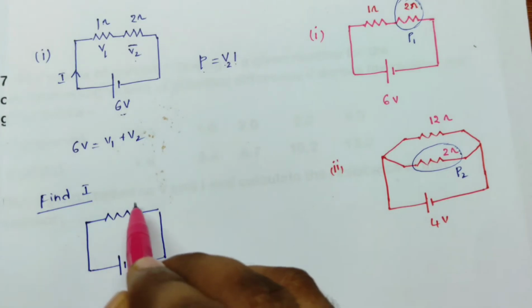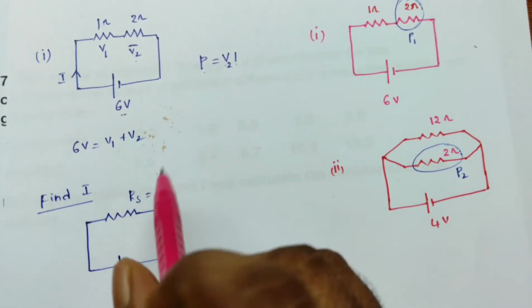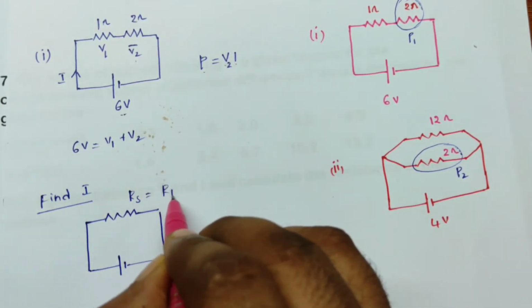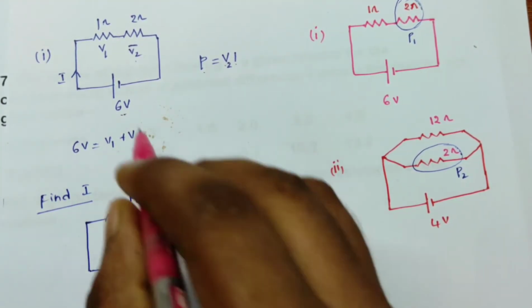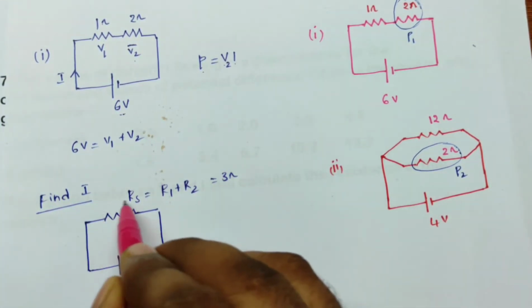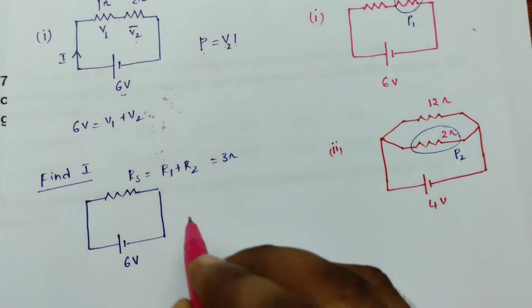So this single resistor value is what? In series, R1 plus R2 is the equivalent resistance. So here R1 is 1 plus 2, which is nothing but 3 ohms. So this resistance value is 3 ohms. And voltage is 6 volts. So the current is what?